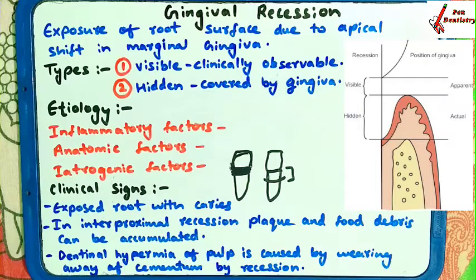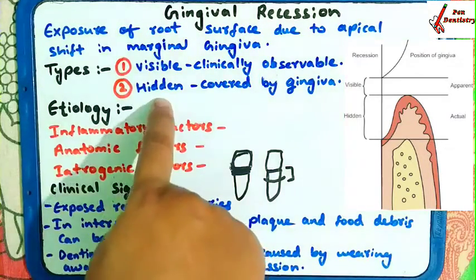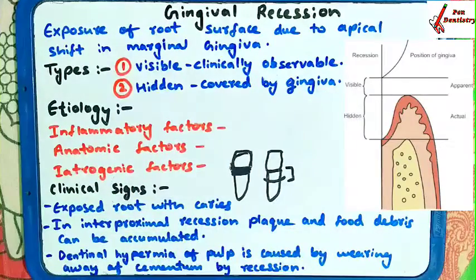Only in the OPG or the IOPA will you see the bone loss present. That is known as hidden or covered gingival recession.